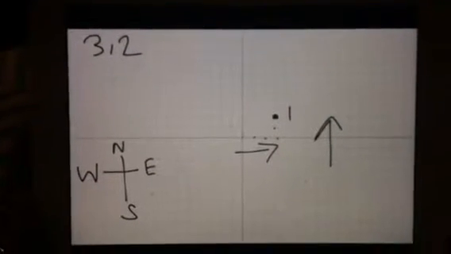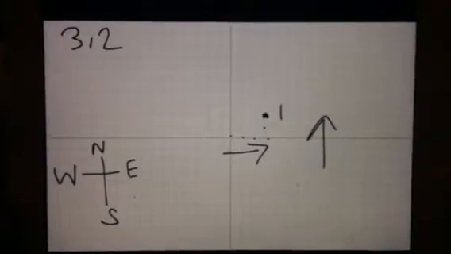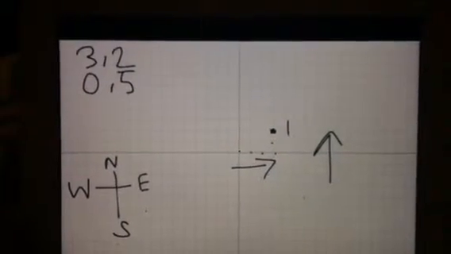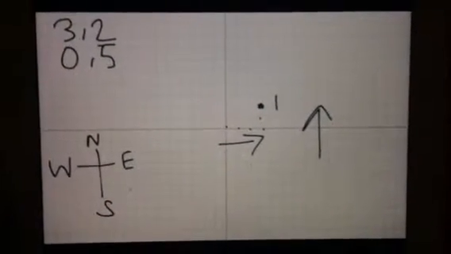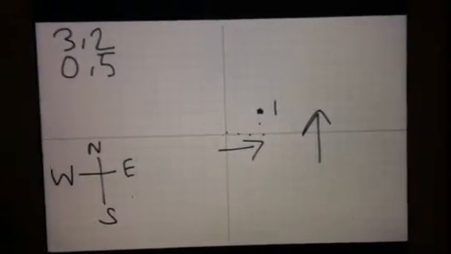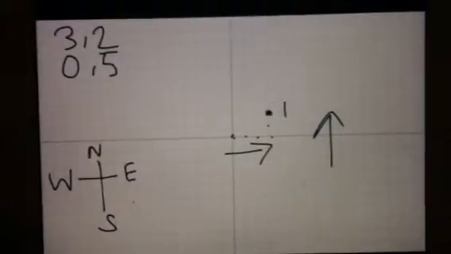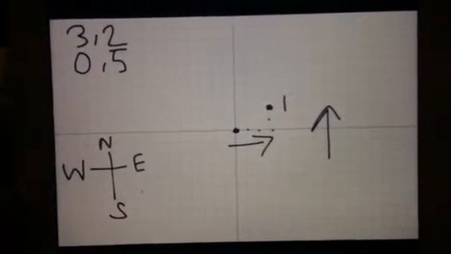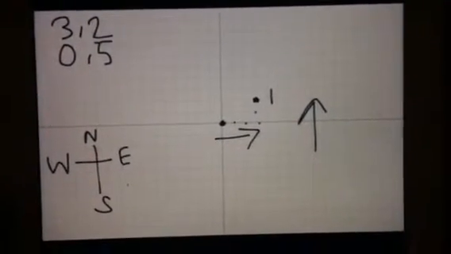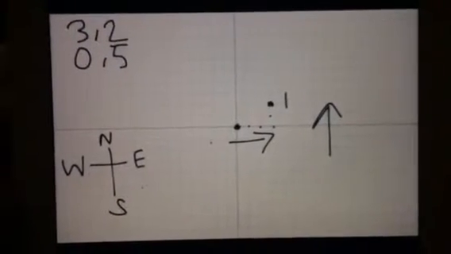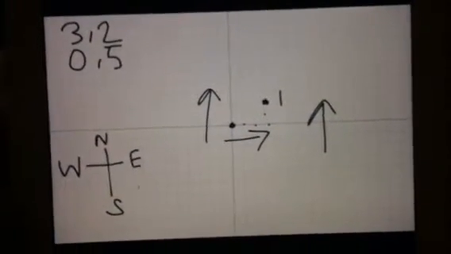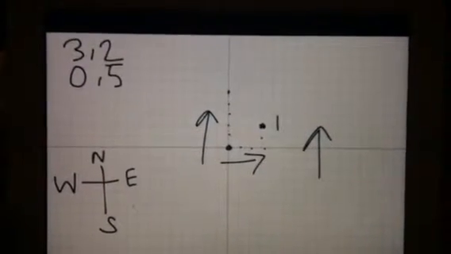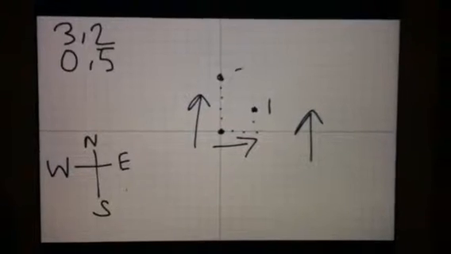Okay, our next coordinate that we are going to do is 0, 5. All right, so we know that we're going to start again at our point of origin, right here. And since our first number is 0, we know that we are going to travel neither east or west, but we are going to go north 5 units at 1, 2, 3, 4, and 5, which is going to put us right here at our second coordinate.